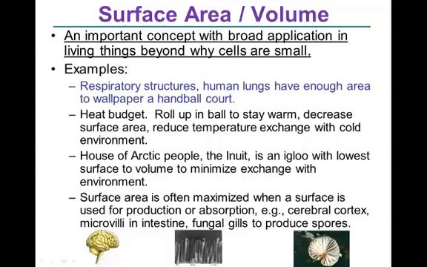This last picture shows the underneath of a mushroom, and it shows gills radiating out from the central stem, and all these gills provide great surface area, and it's on the edges of these gills that spores are produced. And so you should consider surface area to volume when you are beyond the context of why cells are small. It has, as I say, very broad application.